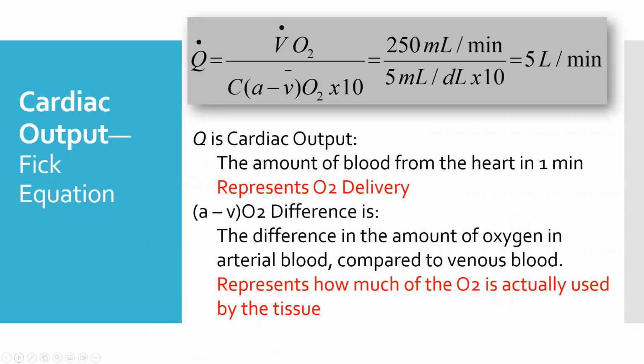Fick equation, here's the deal. I don't want you to memorize it, nor do I think you should sit here and say, oh my God, I forgot the Fick equation. This is what I want you to think about. The Fick equation is used to calculate cardiac output.